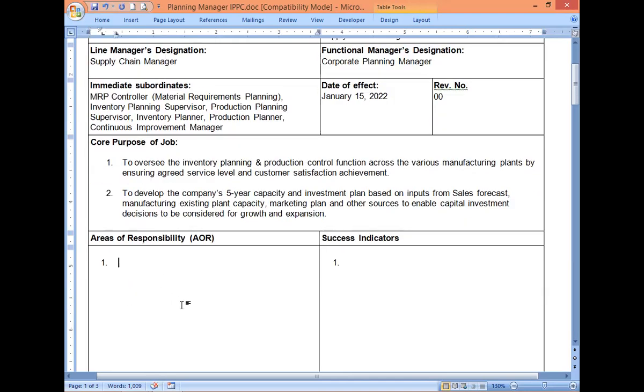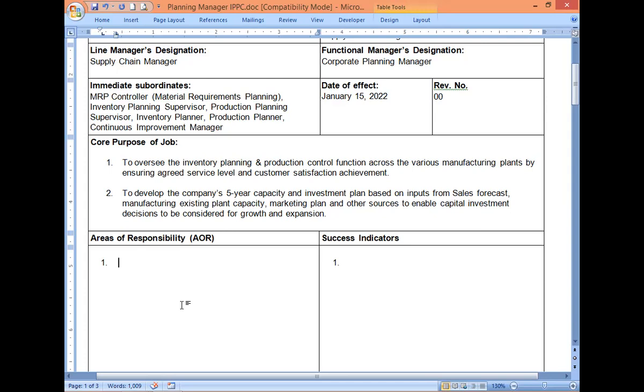Okay, so let me read it again. To oversee the inventory planning and production control function across the various manufacturing plants by ensuring agreed service level and customer satisfaction achievement. Okay, I was talking about voice of customers, which is under the Six Sigma.